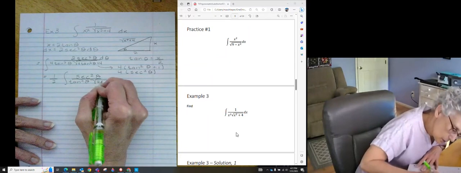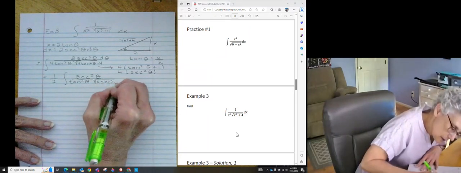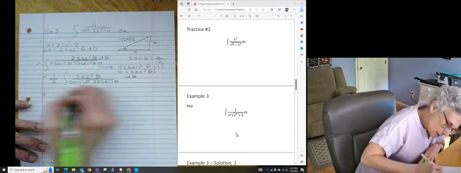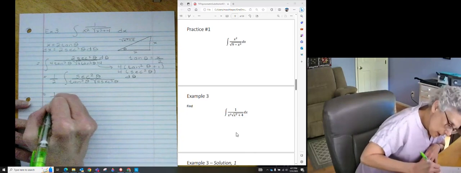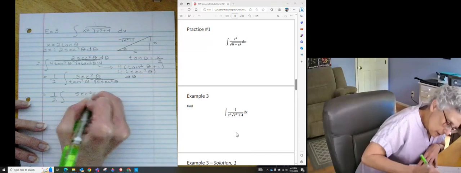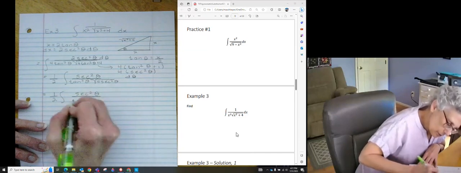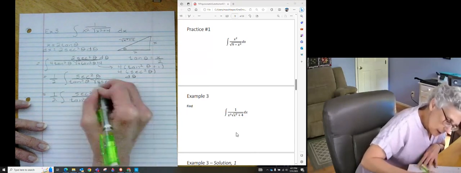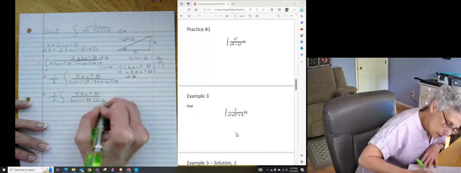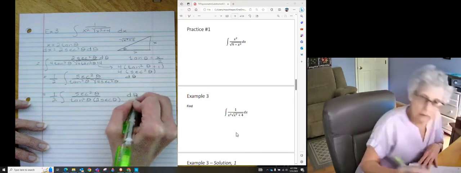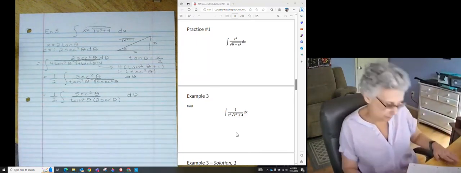So it's the square root of 4 times secant squared of theta. So I have 1/2 integral of secant squared of theta over tangent squared of theta, and I'll replace this with 2 secant of theta d theta.